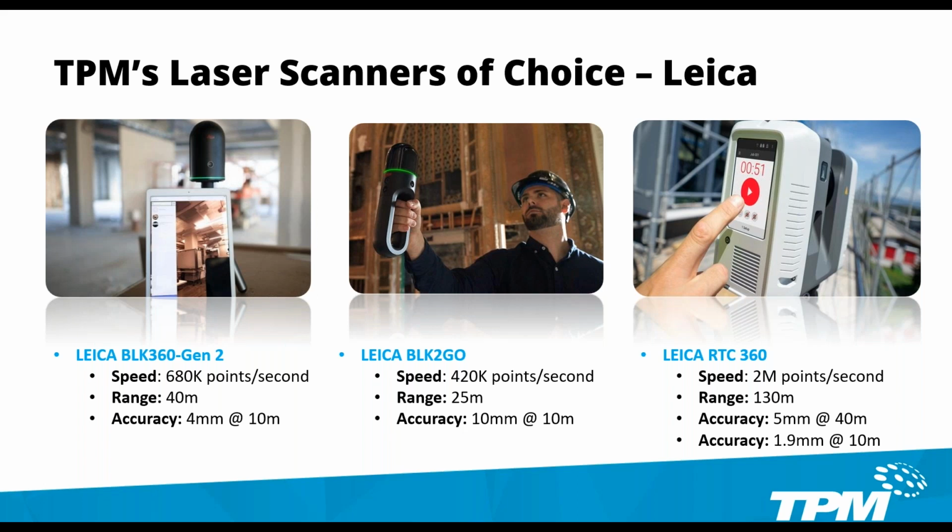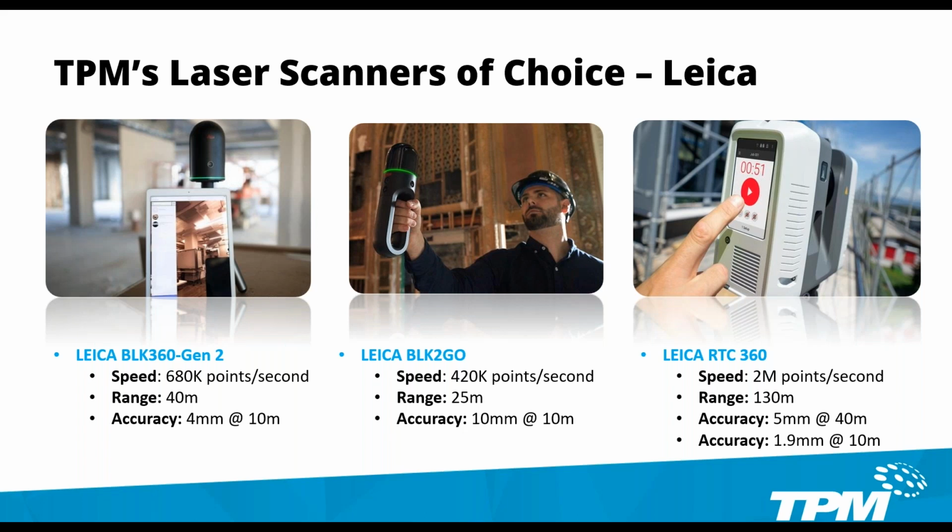Now, the scanner in the center is the BLK2GO, which is a handheld scanner, and it allows you to walk with the scanner and it collects data as you walk. And the one on the right is the RTC 360.